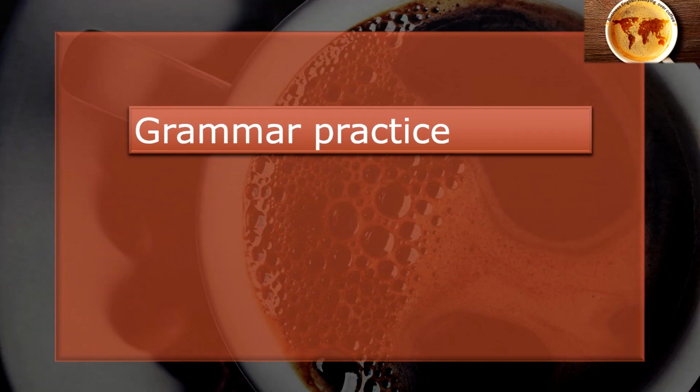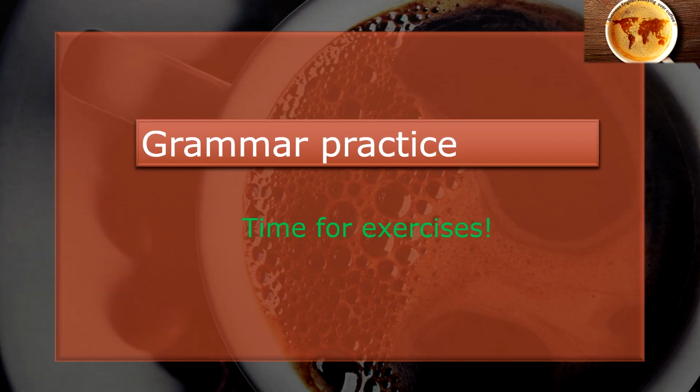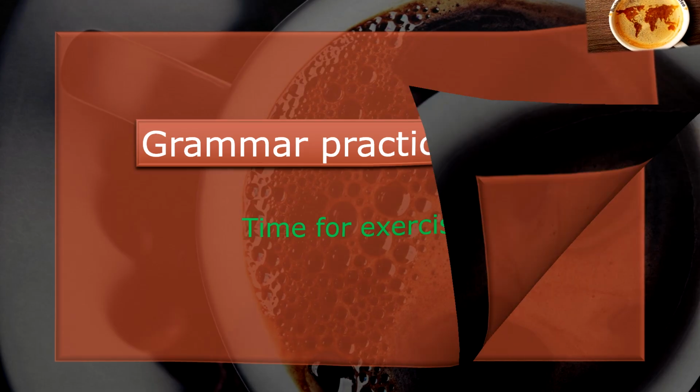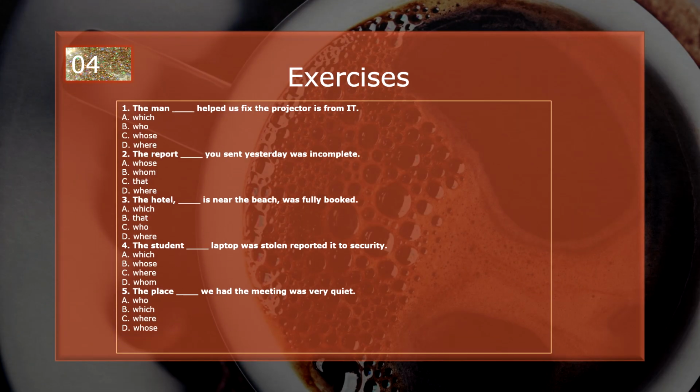Okay, here we go. It's time for grammar practice and time for exercises. First question: the man, which, or who, or whose, or where, helped us fix the projector is from IT.